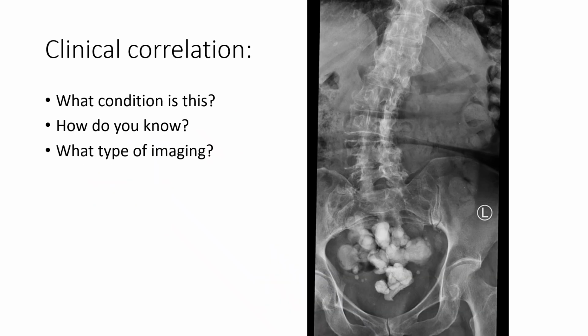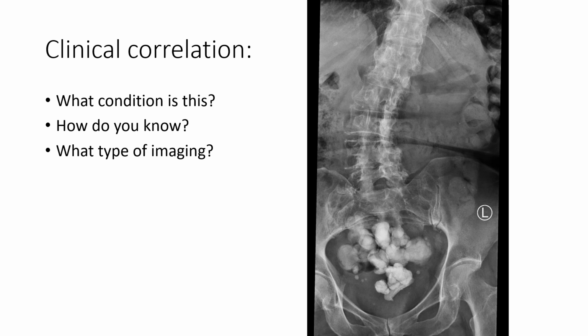Okay, so let's take a look at some samples that are not normal anatomy and talk about what we see. So this is an AP view of a patient, so we'll look front to back. What condition do you see? Once you are used to looking at these, this is strikingly off anatomy.